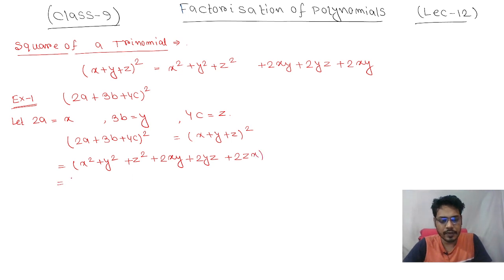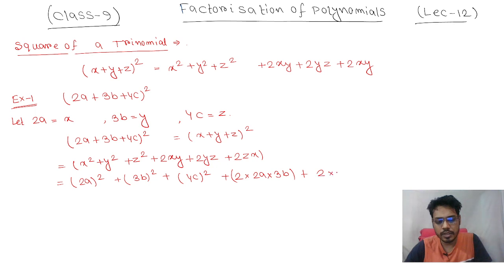Now just put the values. x is 2a, so 2a whole square, plus y is 3b, so 3b its whole square, and z is 4c, 4c its whole square, plus 2xy, that means 2 into 2a into 3b, plus 2yz, that is 2 into 3b into 4c, plus 2zx, z means 4c, 2 into 4c into 2a.